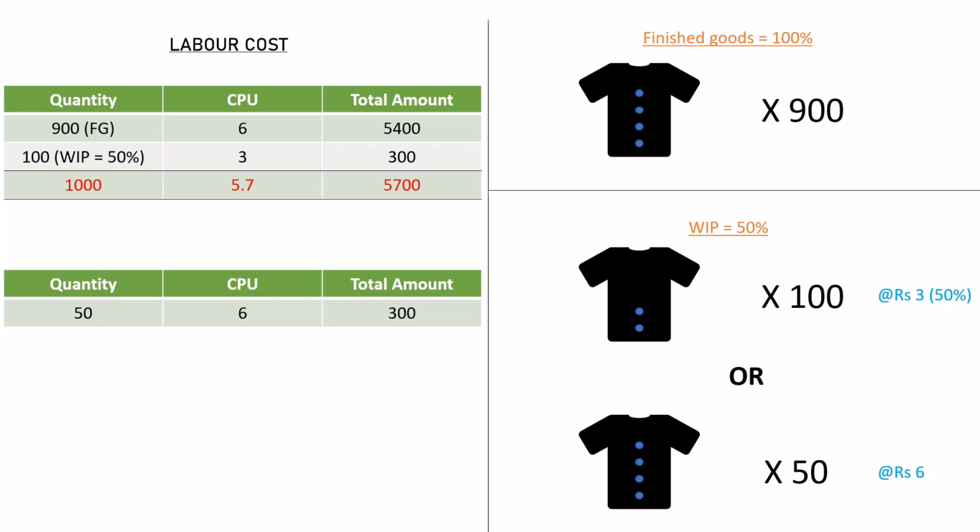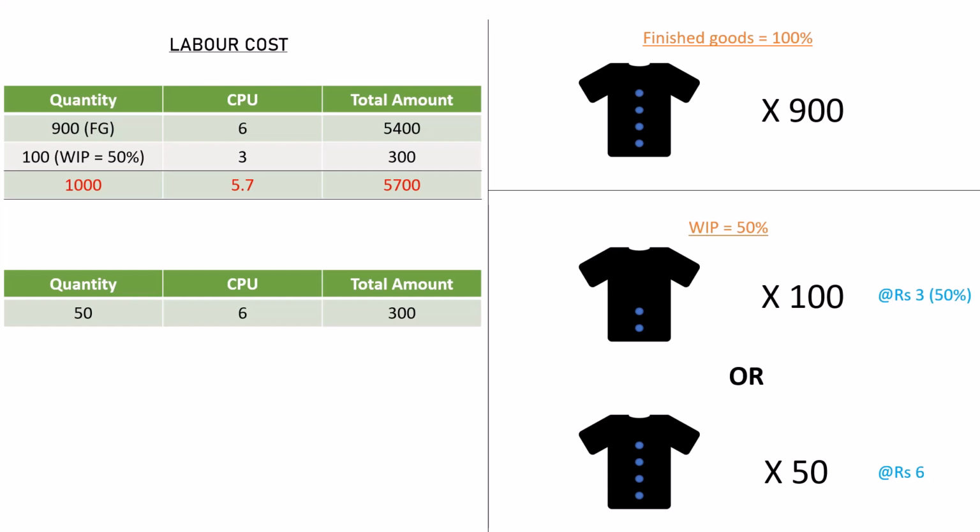Instead of attaching 2 buttons to 100 shirts, we can attach 4 buttons to 50 shirts. Why do we do this? It is easier to account for cost, as in this case, we have 50 fully completed shirts and no in-progress work. Let me ask you, would you find it easy to remember 50 complete shirts or 100 shirts where 50% work is completed and has 2 buttons? Obviously, you would say it is easier to remember 50 complete shirts.